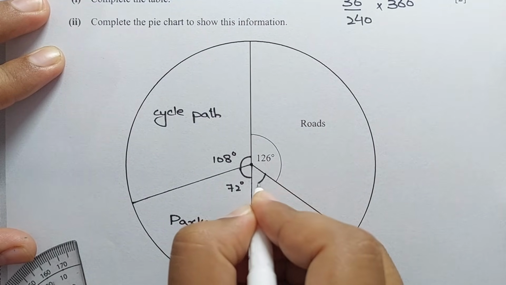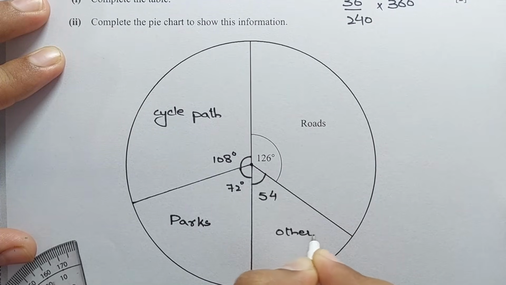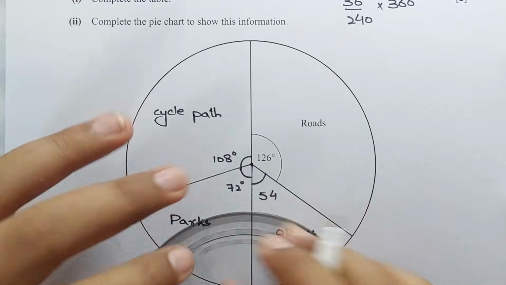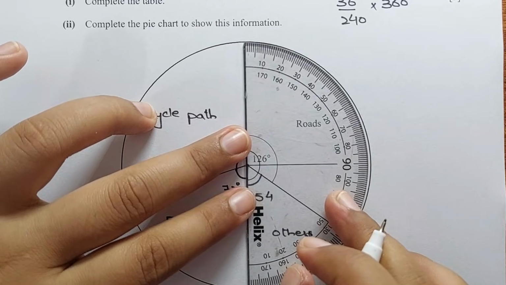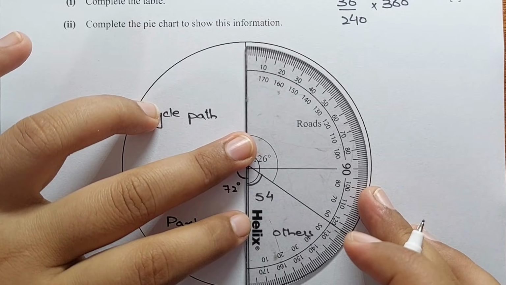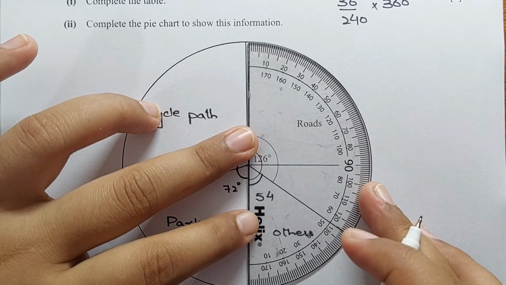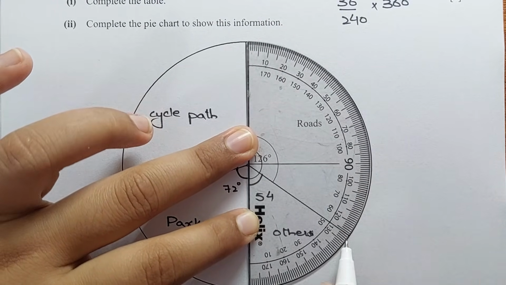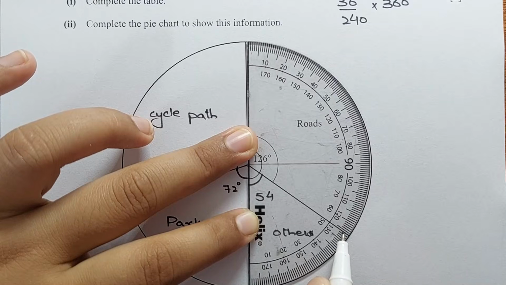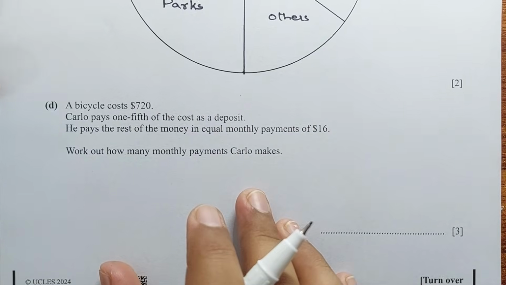And the last is 54, which is for others. Let's see, is it 54? Yes, it is exactly 54. You can see it's 50 and then 4 more. Okay, moving to part D.